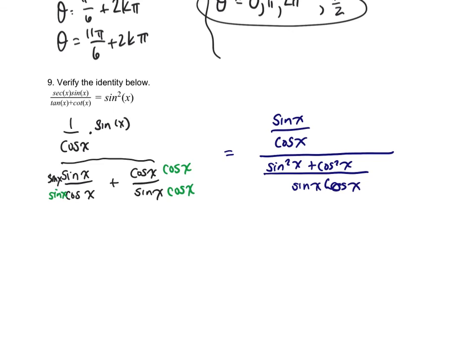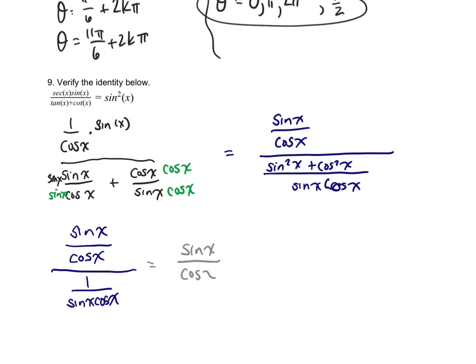But if you look, we have sine squared plus cosine squared, and we know sine squared plus cosine squared is just 1. So this is sine x over cosine x over 1 over sine x cosine x. So now again, we have the fractions divided, which we do quite often in these expressions.